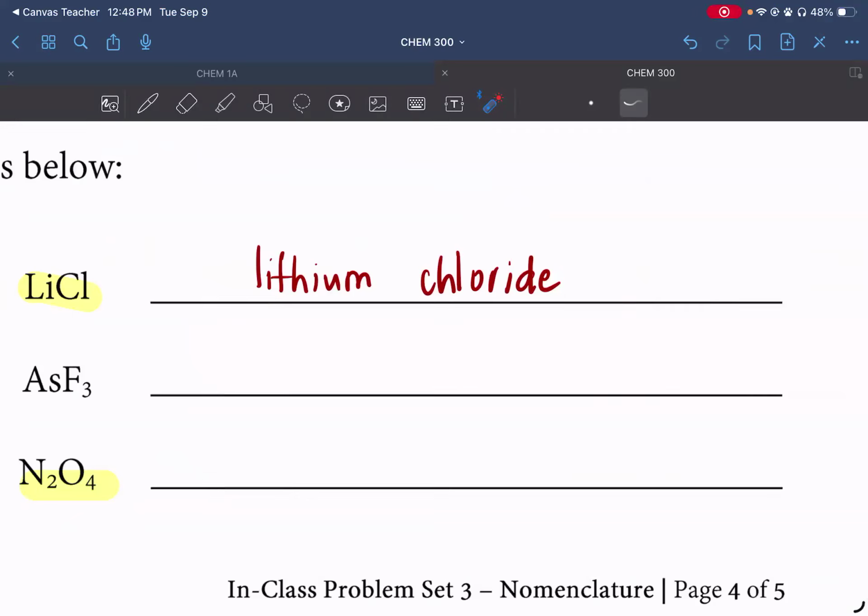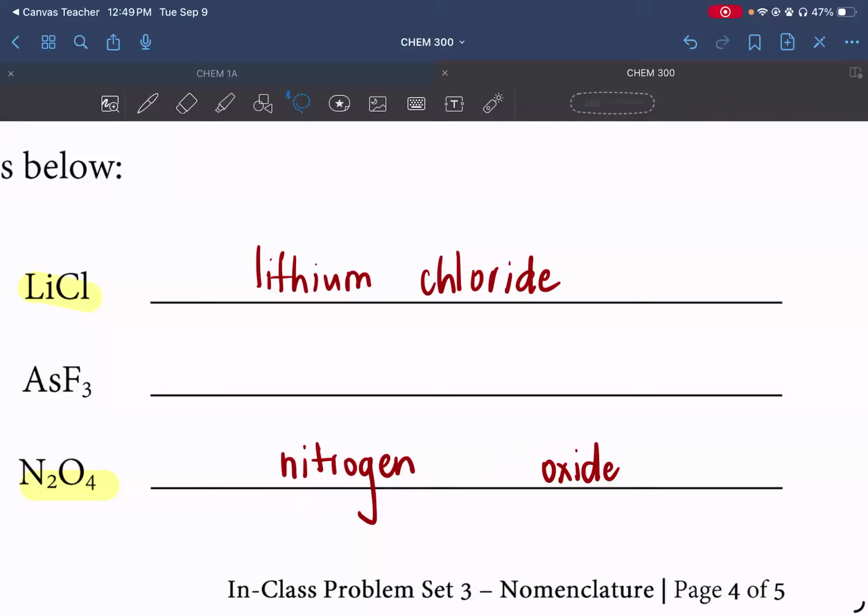And then lastly, the N2O4. Nitrogen and oxygen are both non-metals. The one on the left assumes the role of the cation, so we have nitrogen, its name unchanged. The one on the right, written second, assumes the role of the anion, so its suffix is replaced. This is oxide.